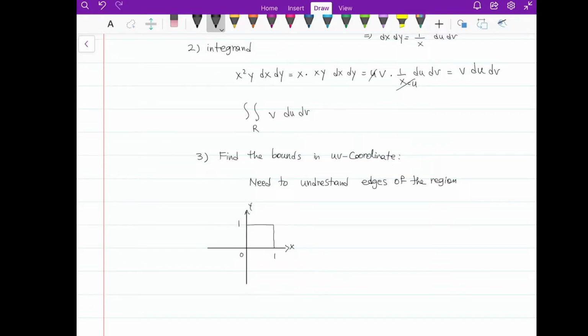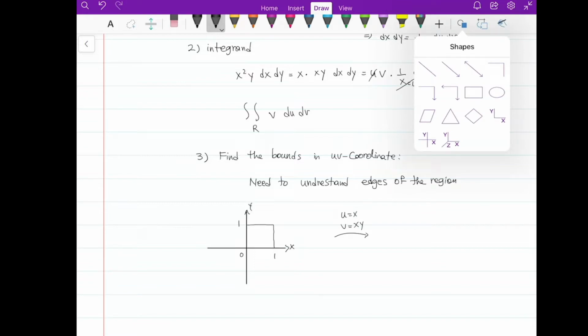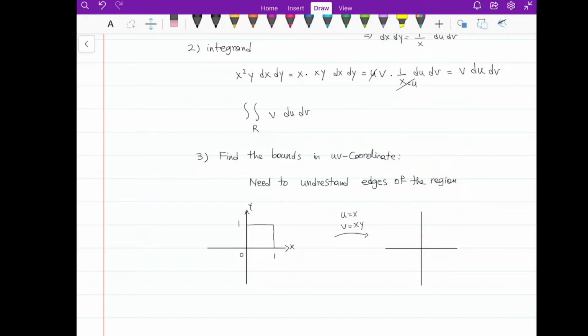Now let's see what's going to happen if we transform it using the given transformation, in the uv plane. I'm going to start with this edge. On this side, as you see, y is equal to 0, and when I plug in y equals 0, v would be 0.